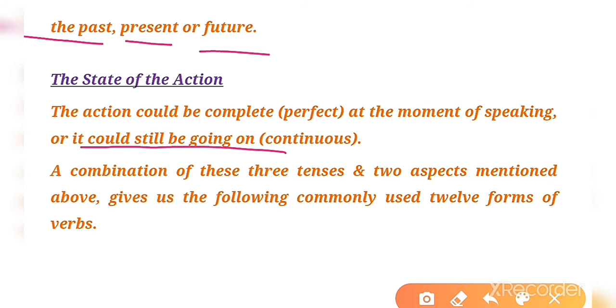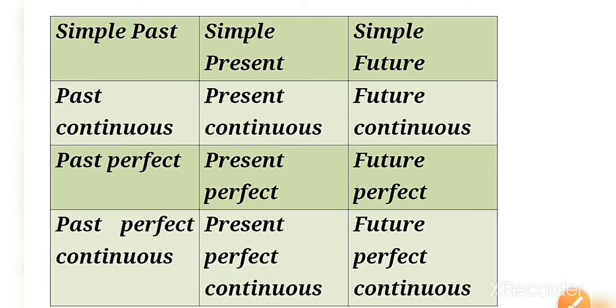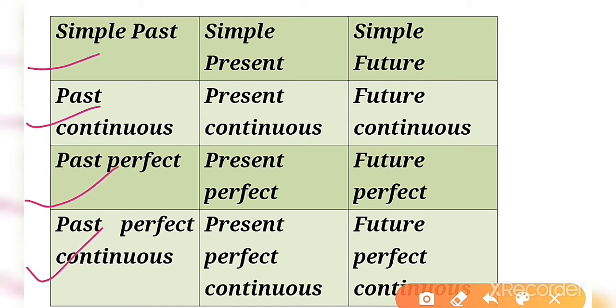A combination of these three tenses and two aspects mentioned above gives us the following commonly used 12 forms of the verb. See what the 12 forms are. First, simple past, past continuous, past perfect, and past perfect continuous.